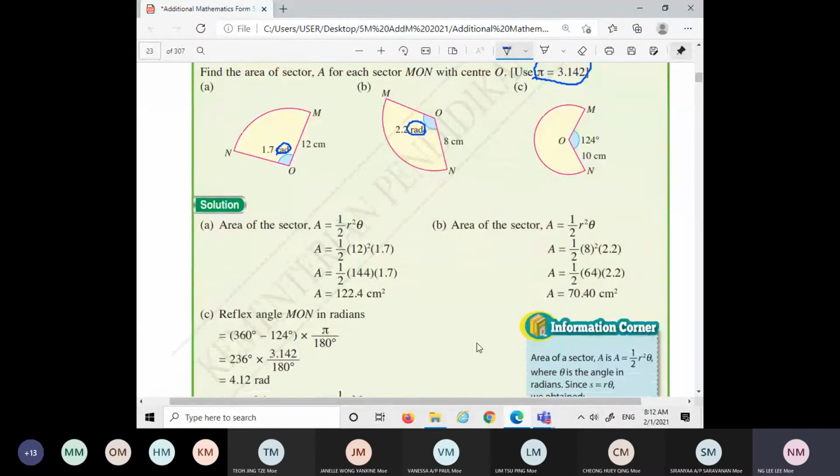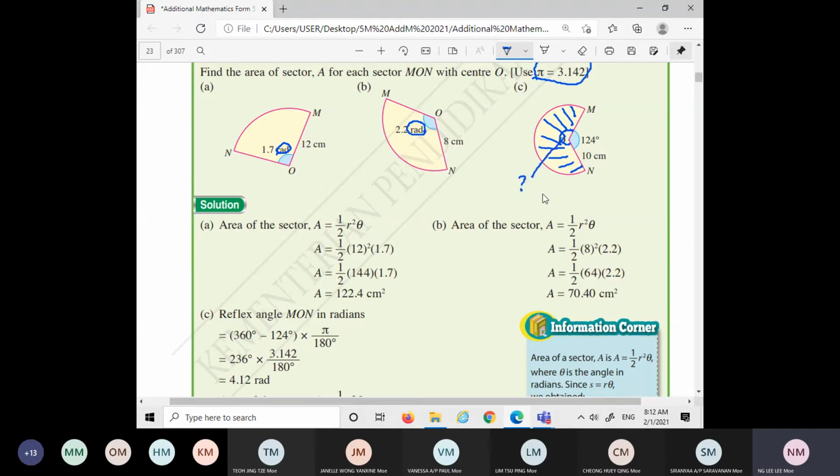Now we go to the next one. Look at C. C is a little bit difficult compared to A and B. They want this piece, the area of this major sector, the bigger one. Therefore, the angle that you have to use is here. Don't use the 124. How to get this angle?